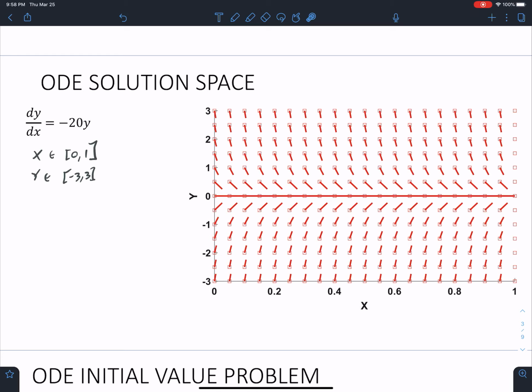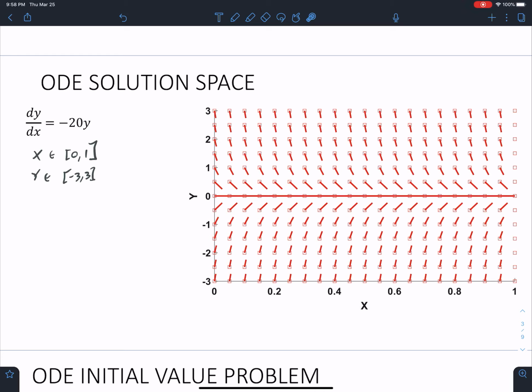So for every single point in this domain, we can plot this slope, which is essentially dy/dx. If we go to this point here, x equals 0.2 and y equals 1, we evaluate and the slope is minus 20.